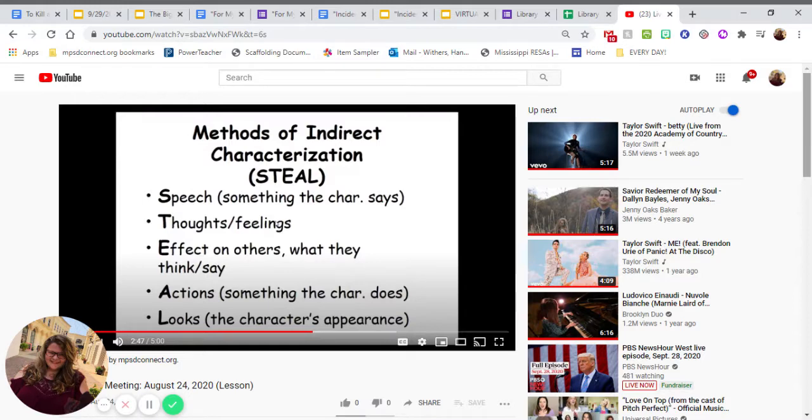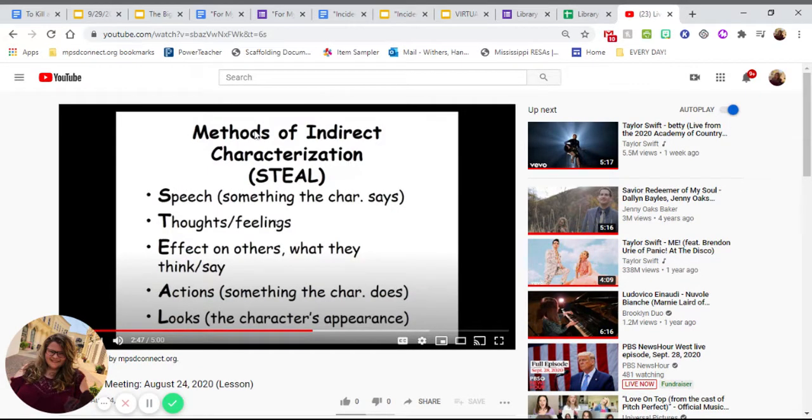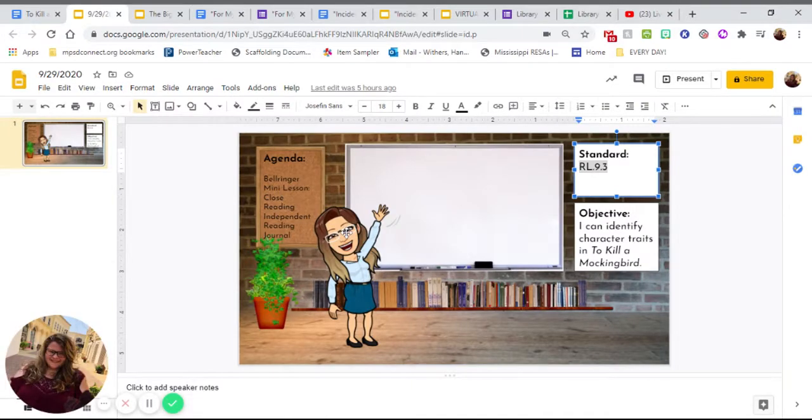E is effect on others, what they think or say. How does another character react when our character is talking or when our character walks into the room? We can also look at their actions, so what the character does, or their looks, so like the way they are, their appearance is. So those are our methods of indirect characterization.